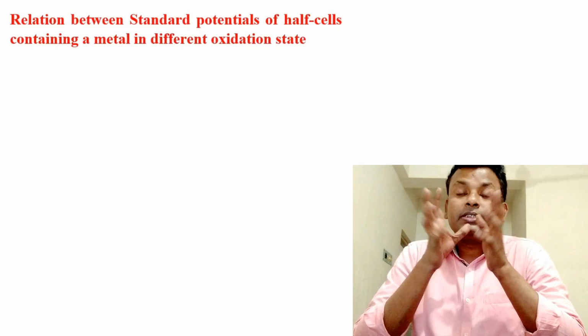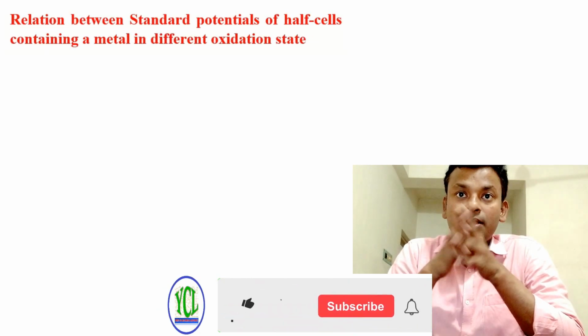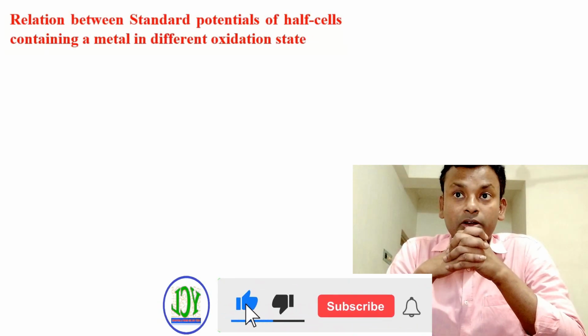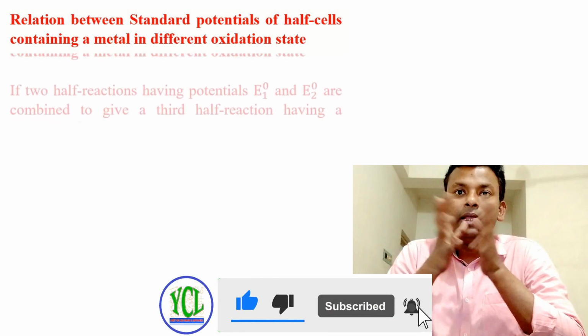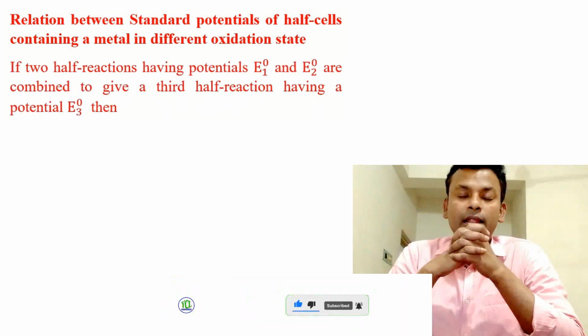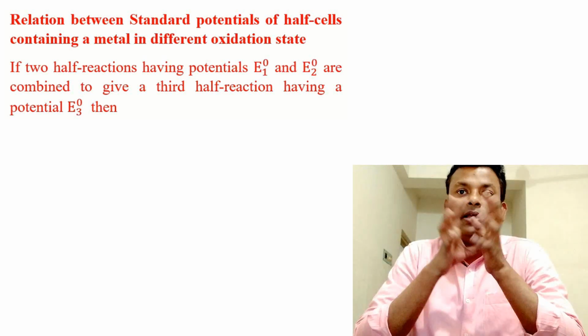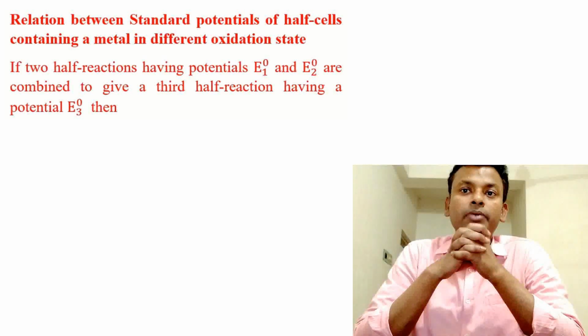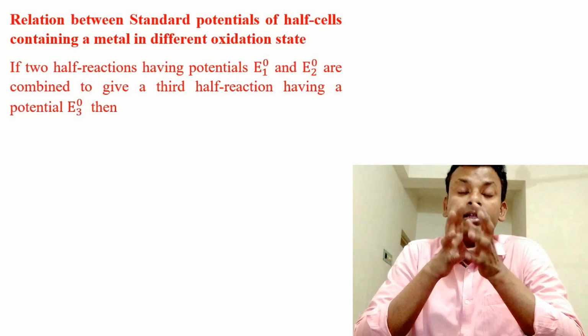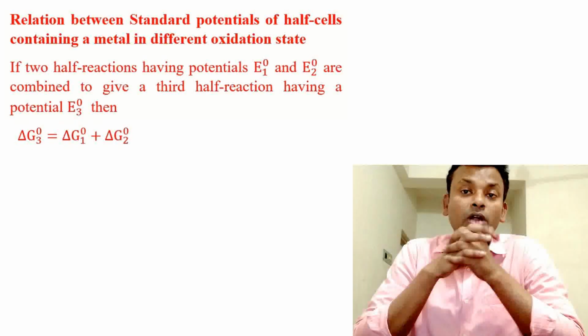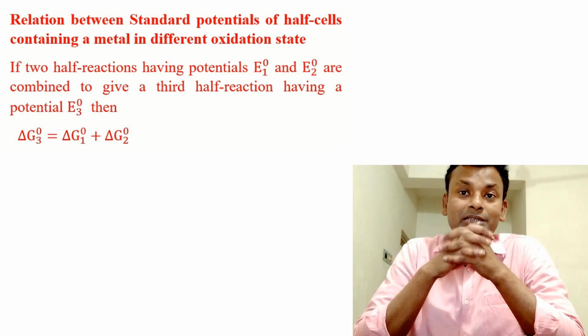Relation between standard potential of half cells containing a metal in different oxidation states. If two half cells having potential E01 and E02 are combined to give a third half cell having a potential E03, then del G03 equals del G01 plus del G02.